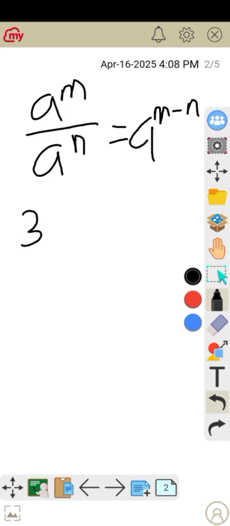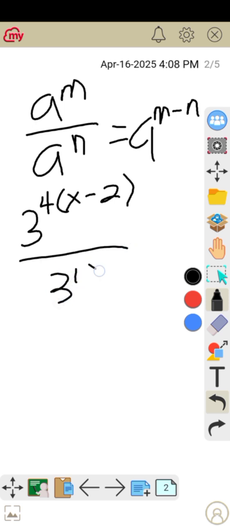So in this case, we have 3 to the power of 4 into x minus 2 all over 3 to the power of 1x.